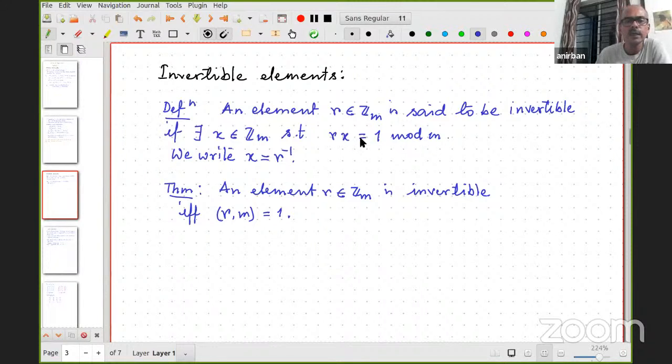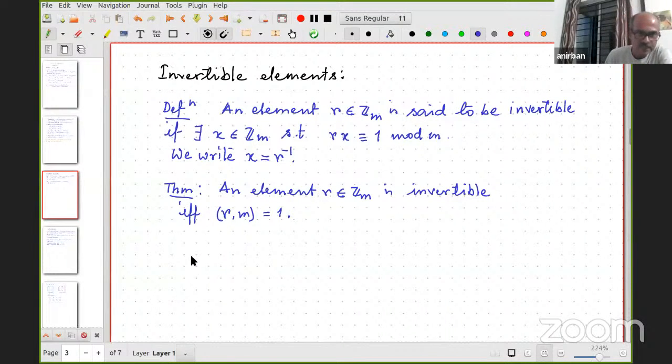We write congruent with three bars, an equivalent sort of thing. So rx is congruent to 1 modulo m, and if that happens, then we write x as r inverse. This is just a notation to denote the inverse of r.